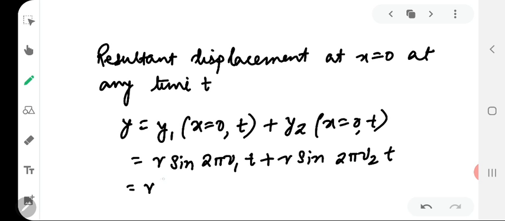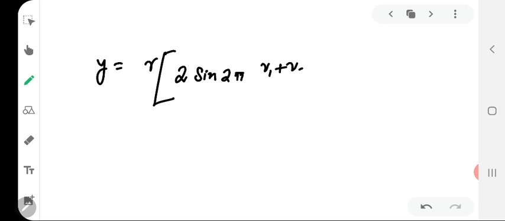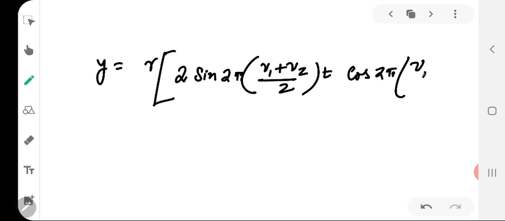So taking out r as common, we may write down sine 2 pi nu 1 t plus sine 2 pi nu 2 t. So using the trigonometric identity, we get y to be equal to r twice of sine 2 pi (nu 1 plus nu 2) by 2 times t, and cos of 2 pi (nu 1 minus nu 2) by 2 times t.